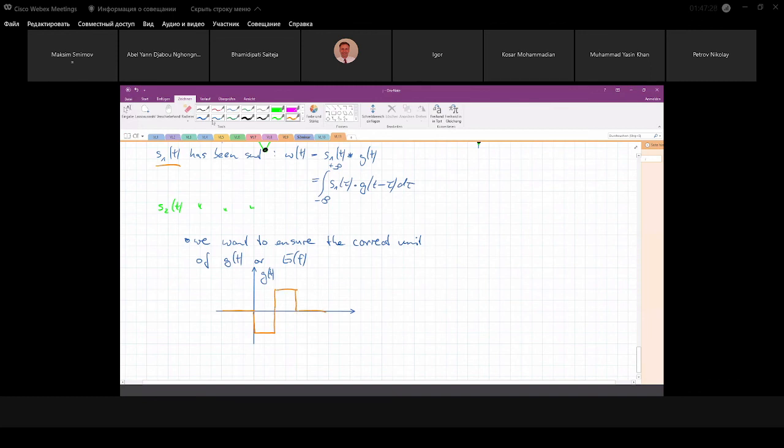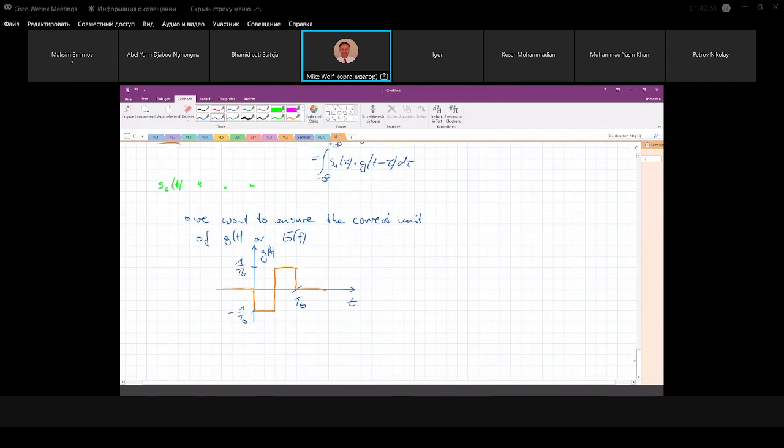Then we write here TB. Let's say I know the correct unit needs to be measured in hertz if it's an impulse response. Let's say I just take 1 by TB, this is minus 1 by TB. Would this give a useful result?